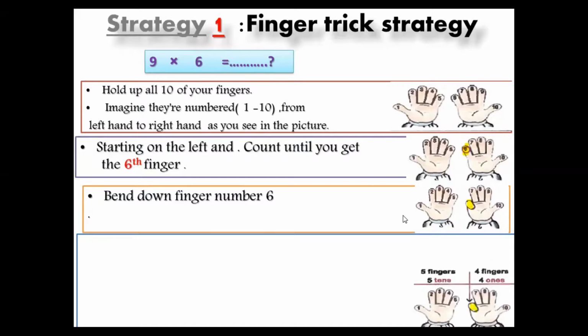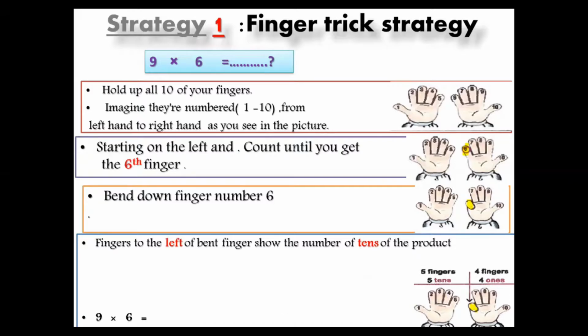Step number 4, fingers to the left of the bent finger show the number of tens of the product.